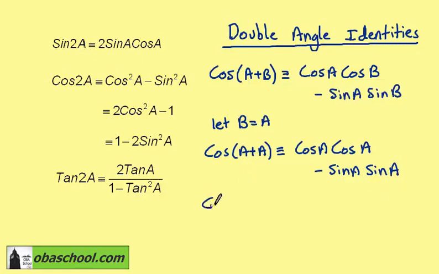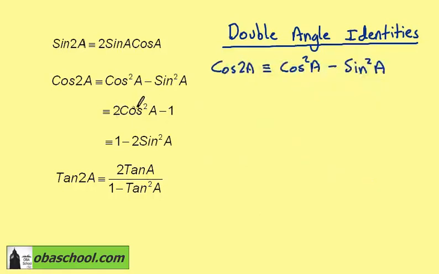A plus a is 2a. Cos a times cos a is cos squared a. And sine a times sine a is sine squared a.